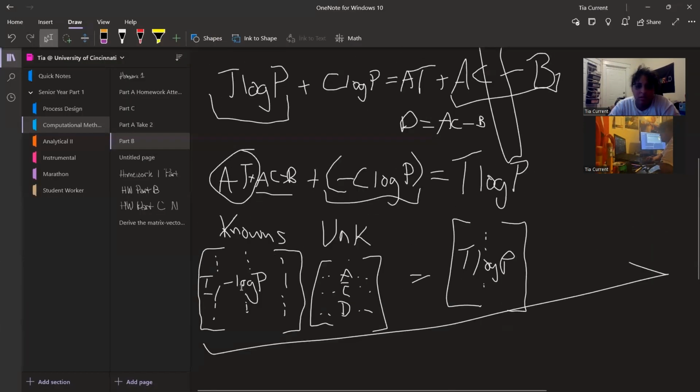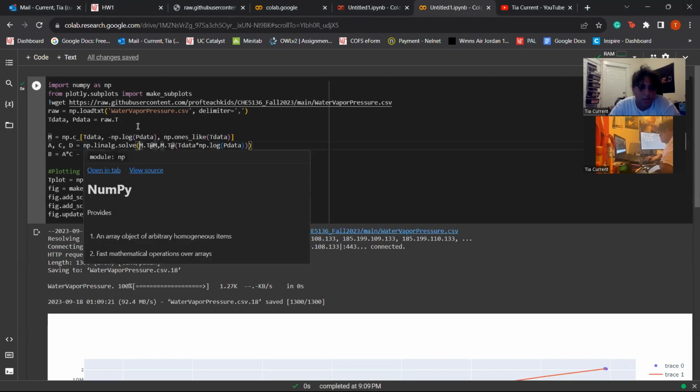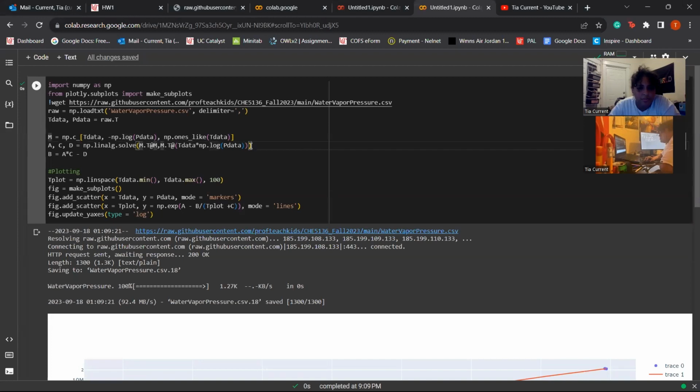Then you're solving with linear algebra using NumPy for your unknowns. And then you also have to set that B is equal to A times C minus D, because we were solving for D before.